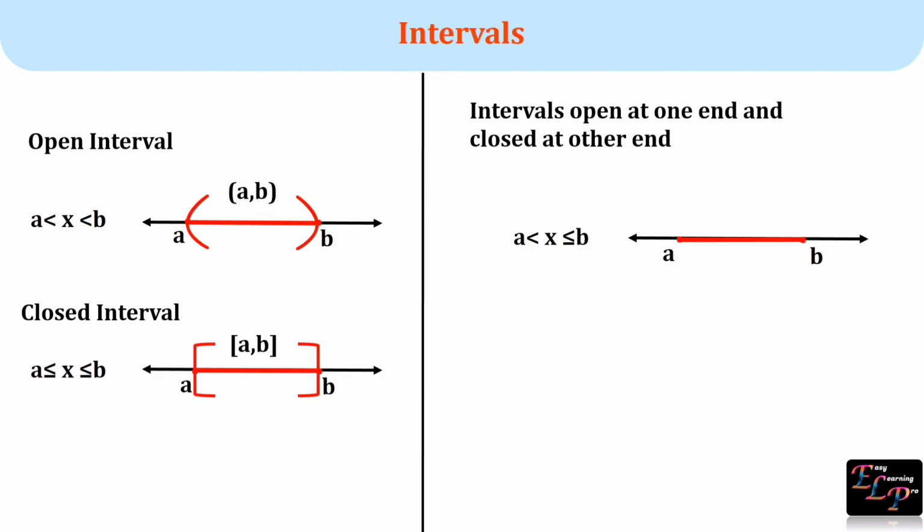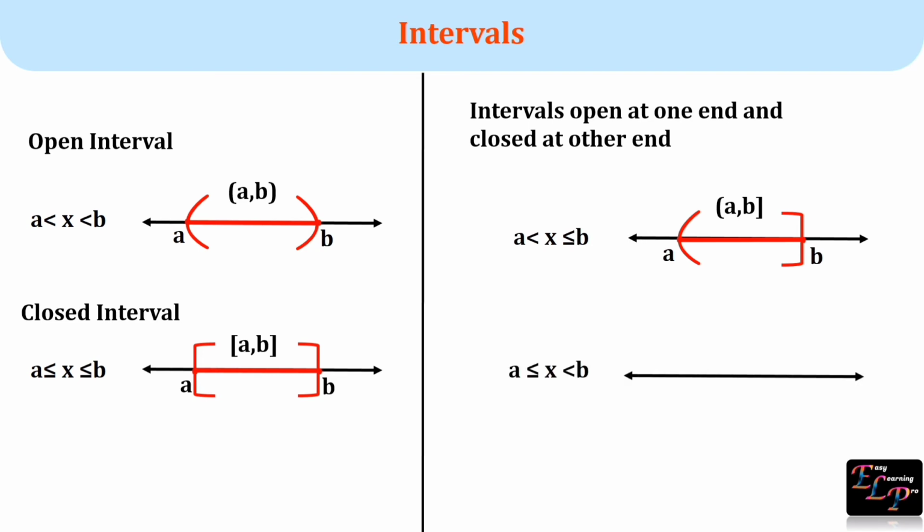Since x is greater than a, a is not included, which means it is open at that end, represented by a curved brace. And x is less than or equal to b, that means b must be included, so we represent it with a square brace. And the interval is written as a and b, a with curved brace, b with square brace.